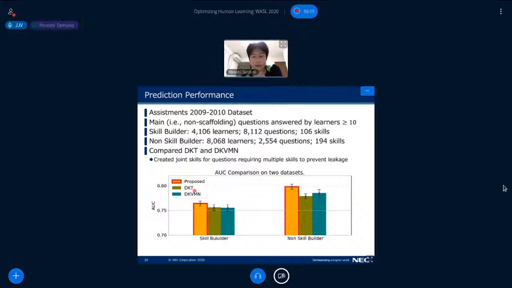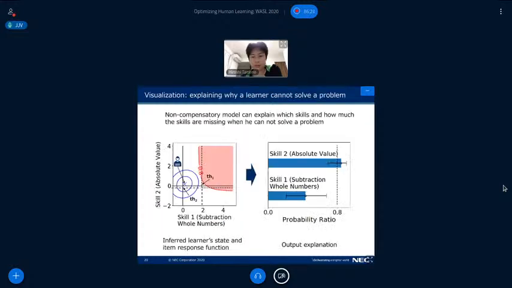Maybe a final question before we move to the break: you showed that it's interpretable. So my question is, do you need to know the Q matrix to know which skills are required for an item, or do you think you could learn it directly?